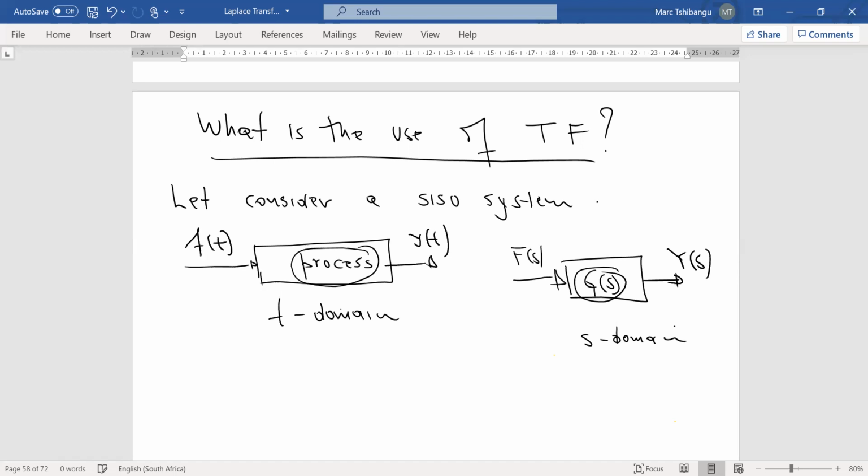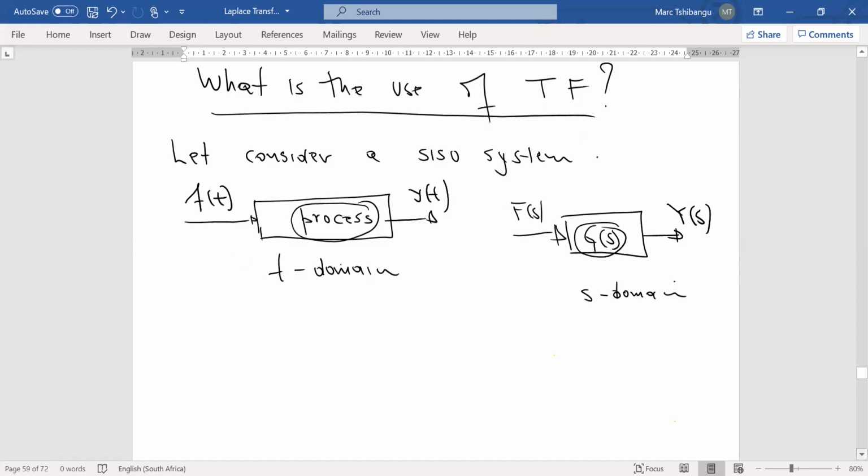So here, if one knows the process model, that means they can derive the transfer function. Remember how we obtained the transfer function of the previous seesaw system? Everything went from the process model, which was the differential equation.